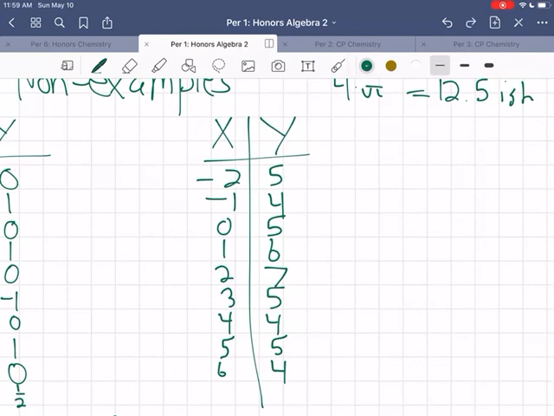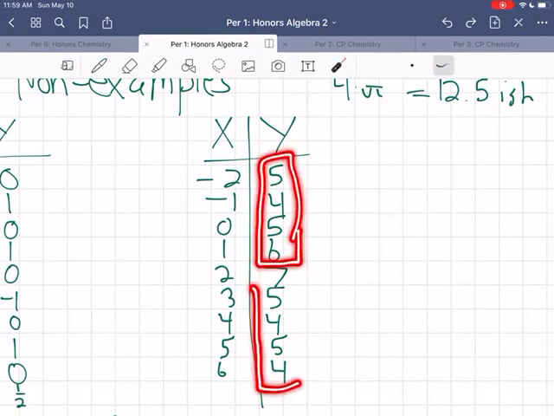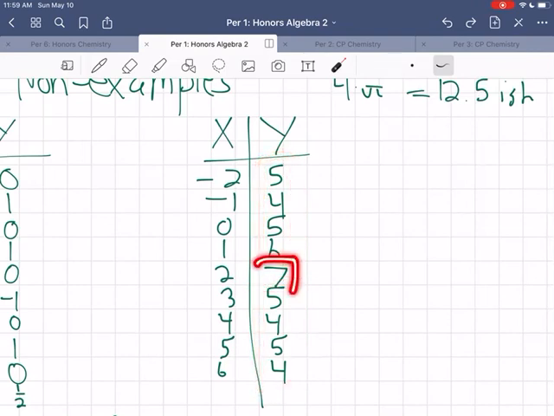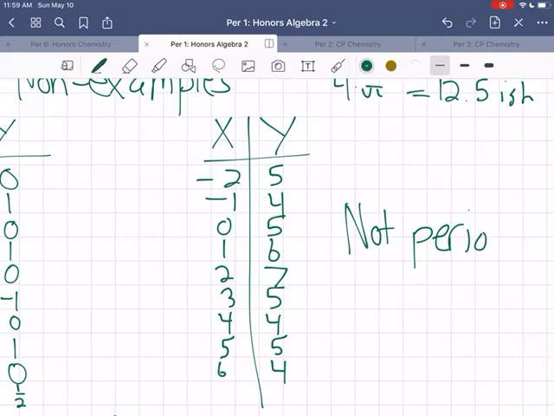So it looks like it almost was similar between this spot and this spot, but it wasn't quite the same. 5, 4, 5, 6, 5, 4, 5, 4. And even if that was the case, we still have this 7 in here, which I'm not sure how that would have been represented. So there's no periodicity here. It is not periodic. Not quite the same pattern.